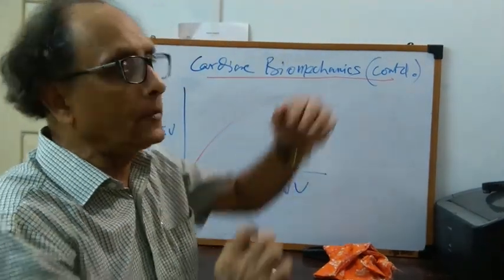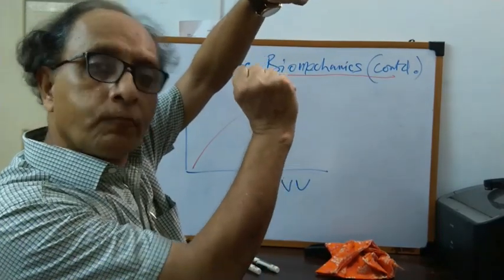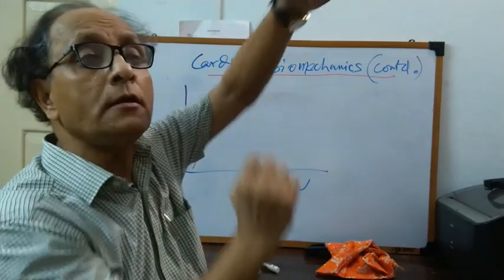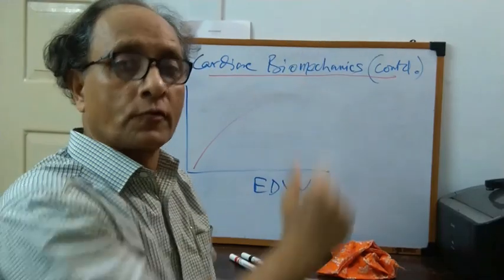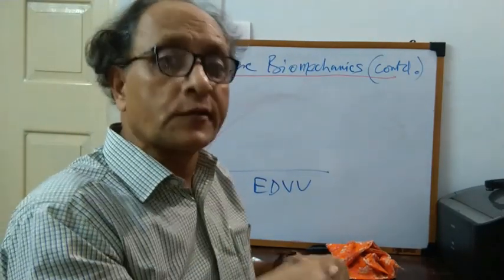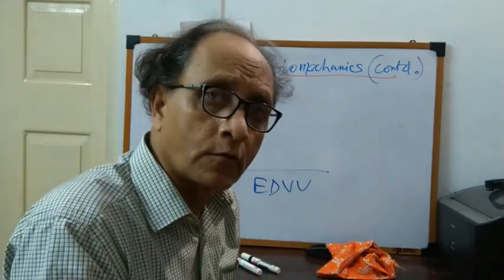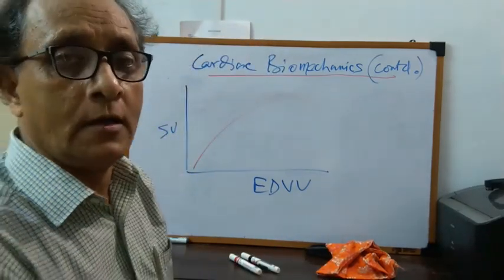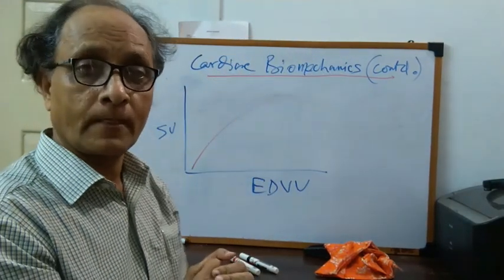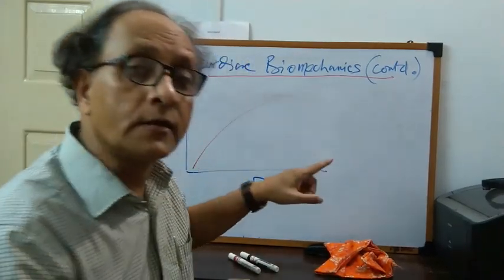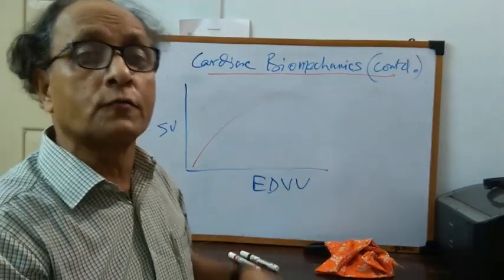Now this pulling is acting as a stretching force during the passive state of the muscle. So application of a stretching force during the resting state of the muscle will lead to an increase in the resting length. Here EDVB, end-diastolic ventricular volume, is doing just that.